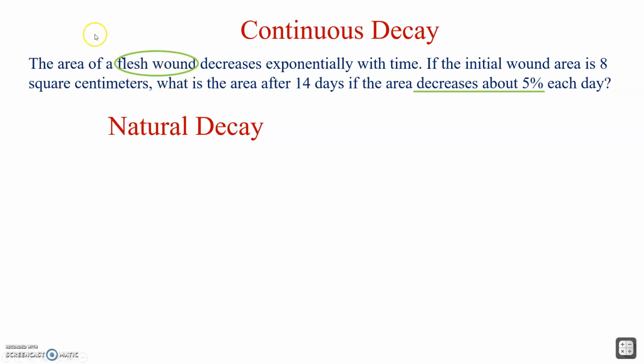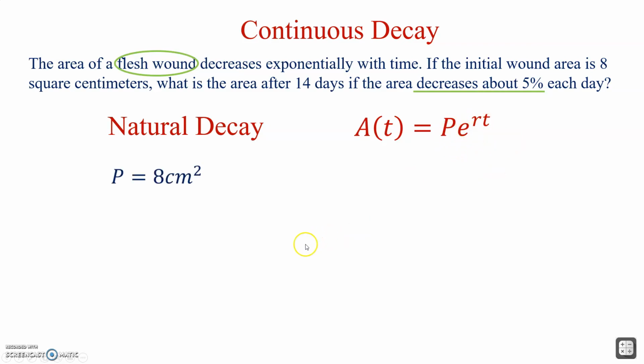That's why in this particular case, we're looking at a natural situation, which means we will be using our base of e. And again, it's not natural growth. In this case, it's natural decay because we are decreasing. So we will still use our PERT formula, our continuous growth formula.